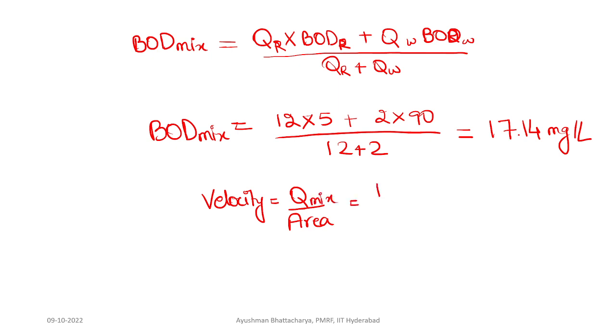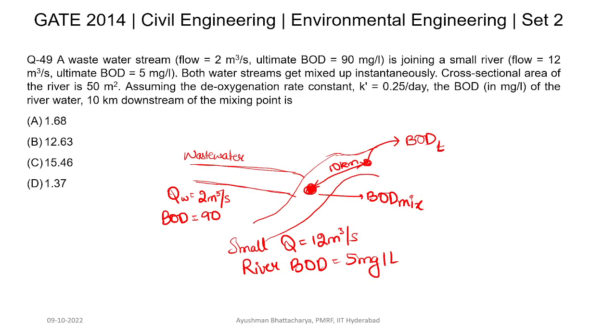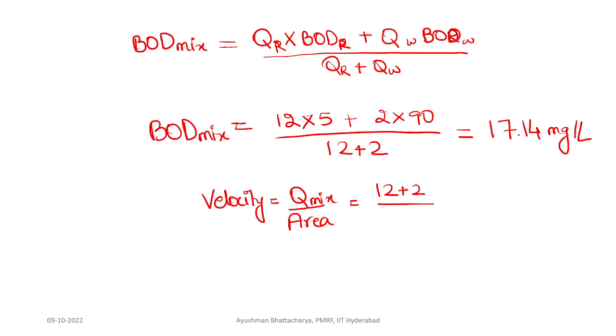Total discharge is 12 plus 2, and the cross-section area of the river is given as 50 meter square, so divided by 50, it comes out to be 0.28. Now we know the velocity of the flow.